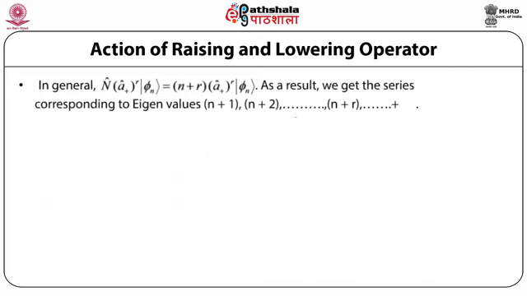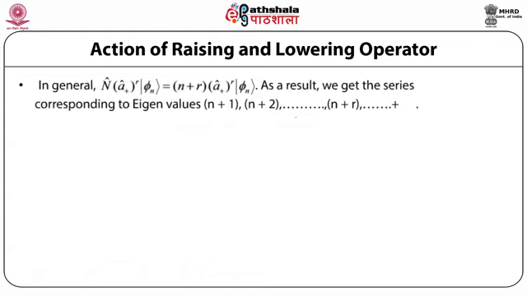Action of raising and lowering operators. From our previous discussion, we can say in general that the number operator acting on the raising operator acting r times on the eigenvector phi n gives us within brackets n plus r times the raising operator a plus acting r times on the eigenvector phi n.